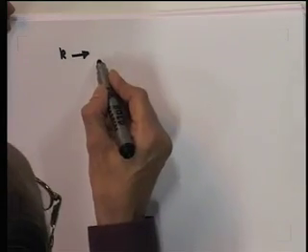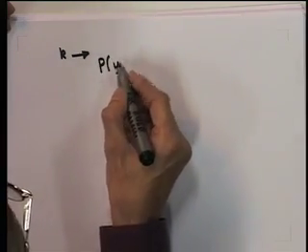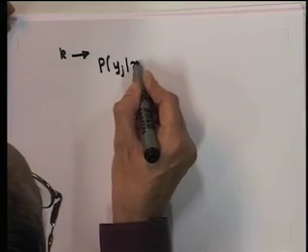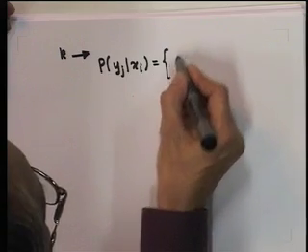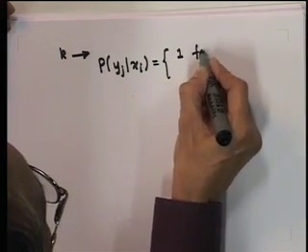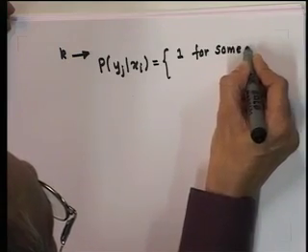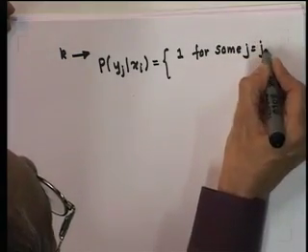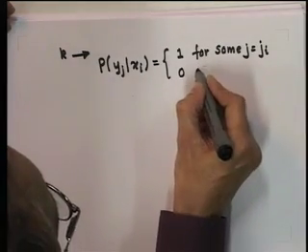So, in this situation, probability of y_j given x_i is equal to 1 for some j equal to j(i), and it is equal to 0 otherwise.